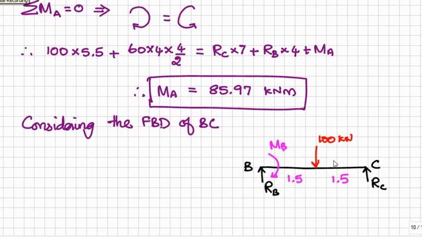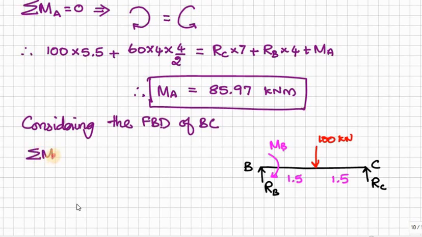On the BC member we have one point load, and C is a hinge support, therefore there is no moment. B is the intermediate support, therefore we will have some moment. We assume initially that MB is acting in the clockwise direction on the BC member.